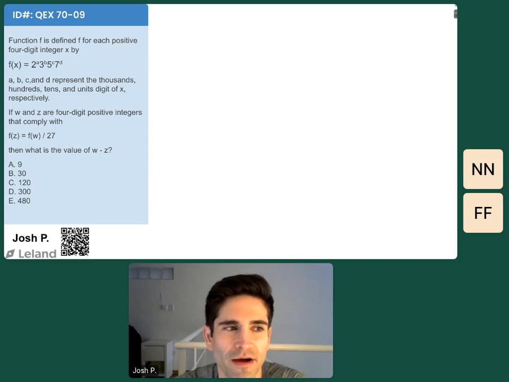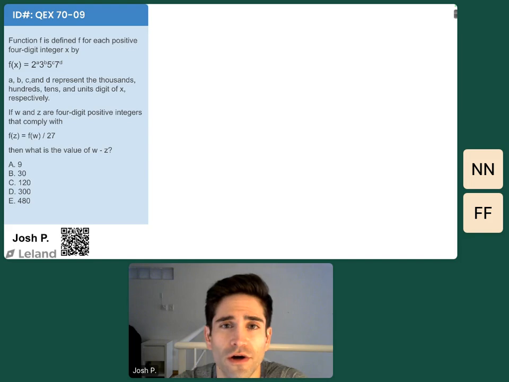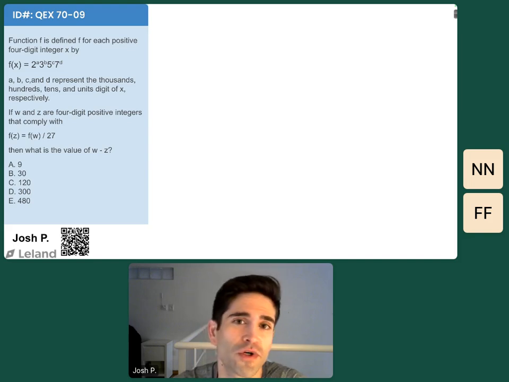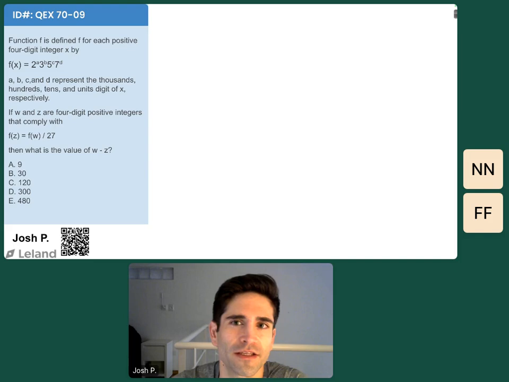Interesting problem, right? Functions. Functions are essentially a language that is defined in a certain way. And the most important thing when approaching function exercises is to never underestimate the importance of actually understanding the function.